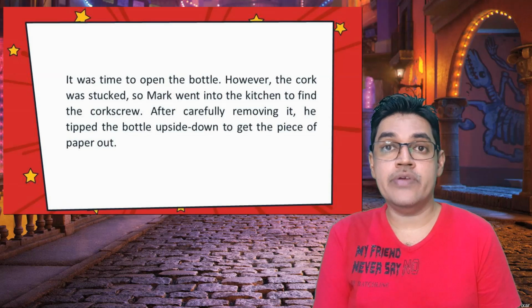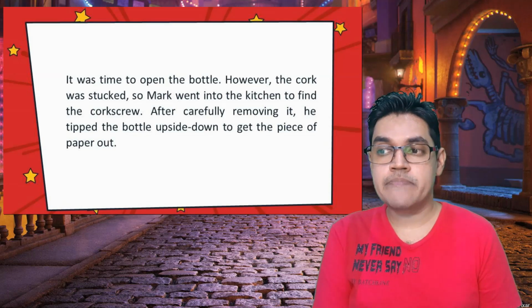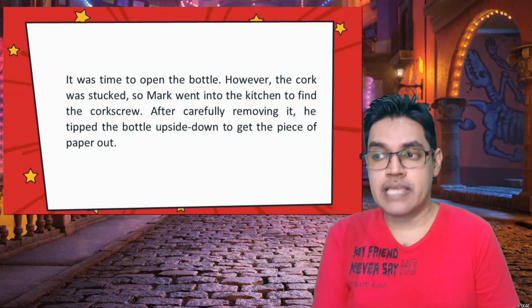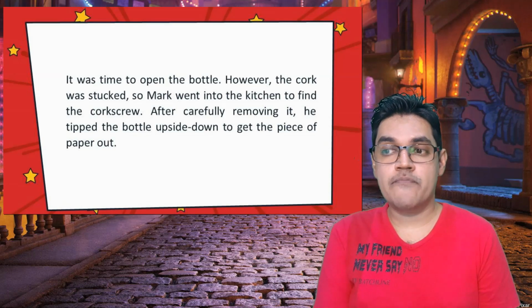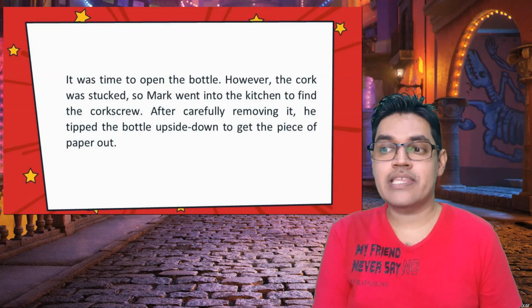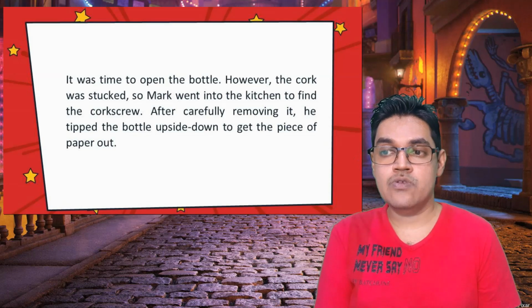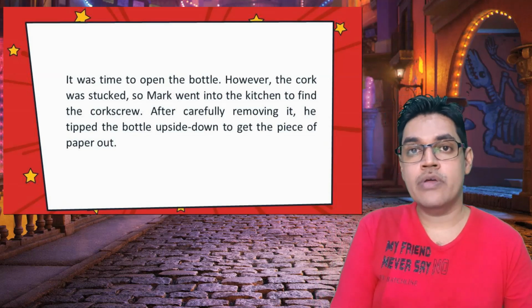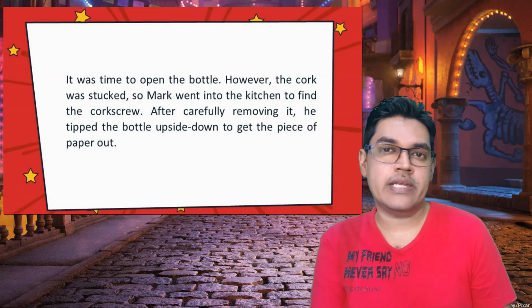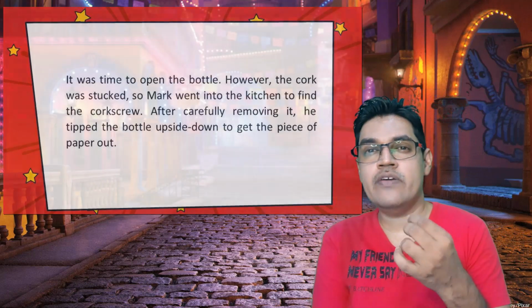After carefully removing it, he tipped the bottle upside down to get the piece of paper out. So here in this essay, I have used quite a number of descriptive paragraphs to give vivid description to the story that I'm writing so that you, as a reader, will be able to picture the story.